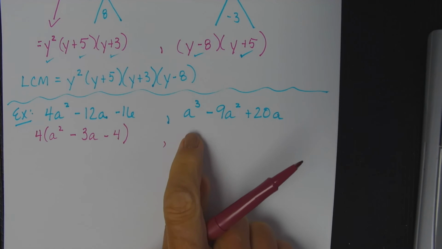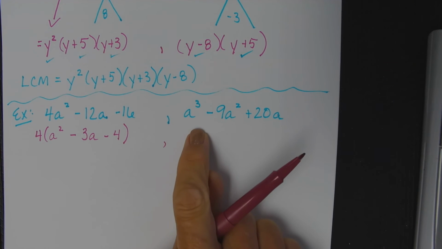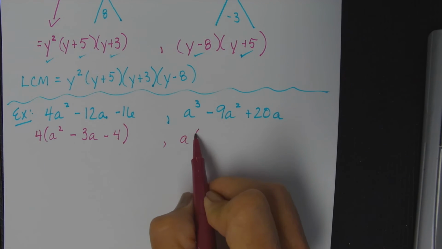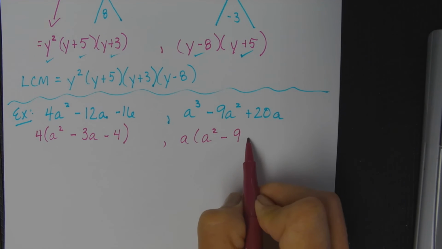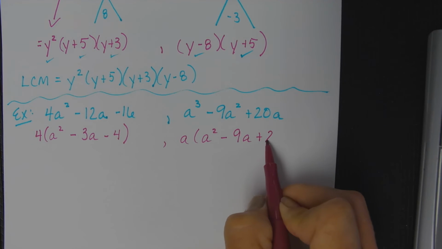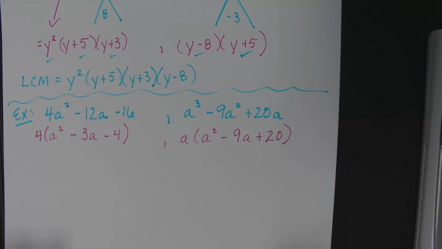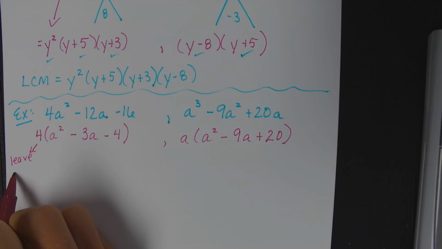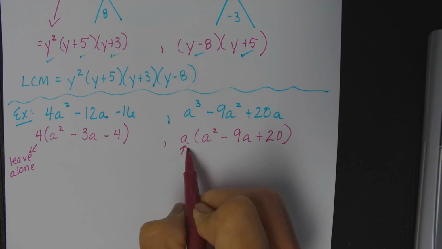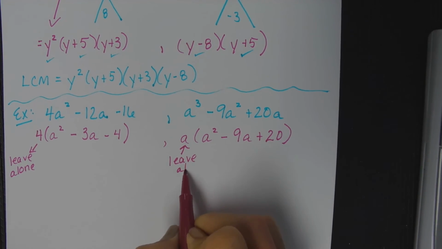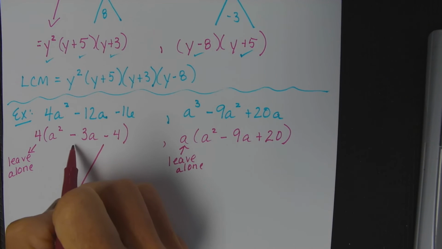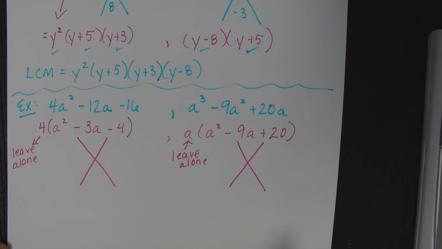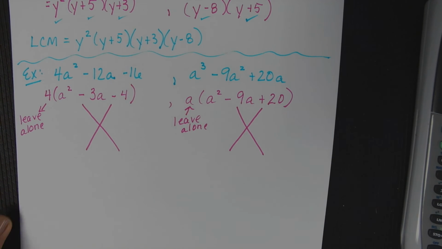All right, what about this one? You can take out a variable over here. A. Right, take out an a, and you're left with a squared minus 9a plus what? 20, thank you. So here, I want you to leave this 4 alone for now, and leave this a alone. And now factor the cute little trinomials that are nice and easy, right?